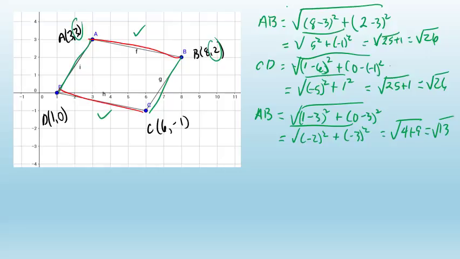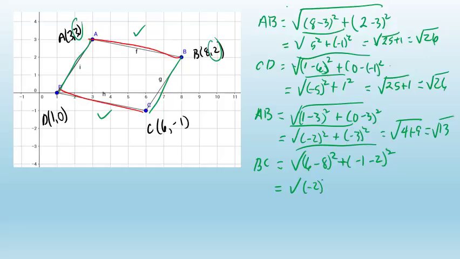All right, let's see, BC. We'll do the same drill. C is going to be the 2 coordinates, B is going to be the 1, so we got 6 minus 8 squared plus negative 1 minus 2 squared. And you can probably already see this is looking pretty good for what we're wanting to do.